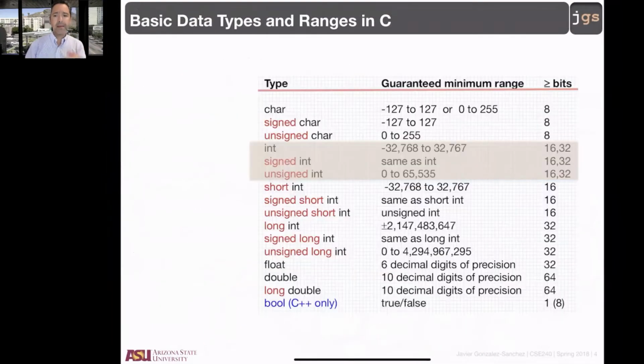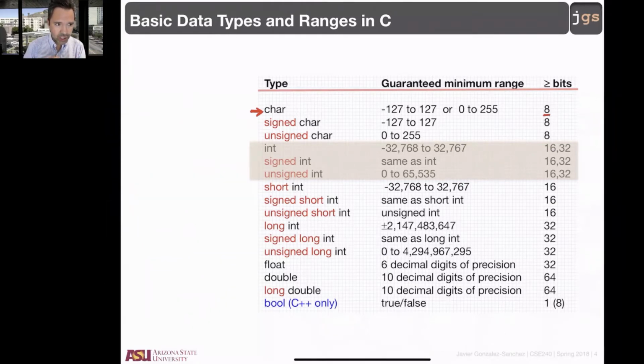Let's see the results. I can do combinations, and the difference is going to be, at the end, how much data I can store. And this is the table. Let's see. Char in C. The char is able to store a byte, 8 bits.